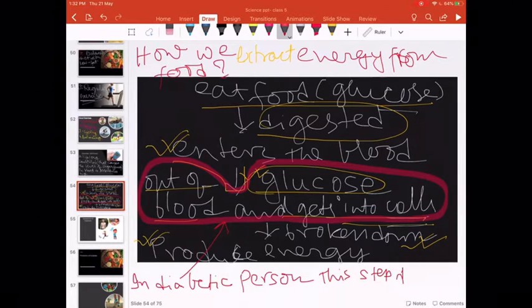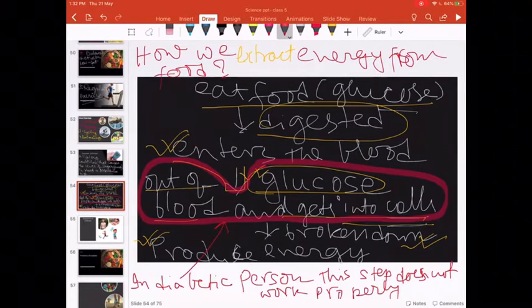That is, the glucose cannot completely come out of the blood and get into the cell to break down and produce energy.